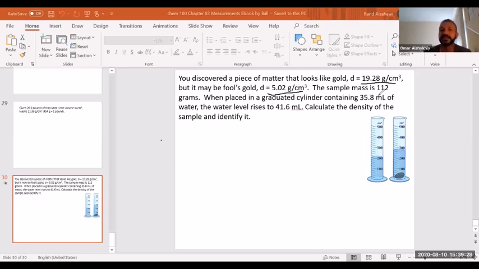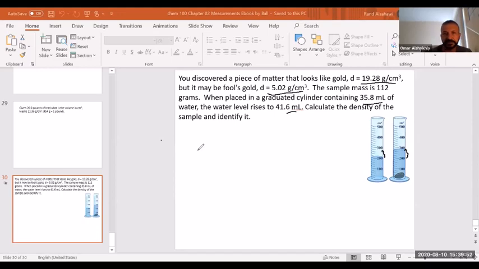The sample mass is 112 grams. When you place it in a graduated cylinder containing 35.8 milliliters of water, the water level rises to 41.6. Calculate the density of the sample and identify it.